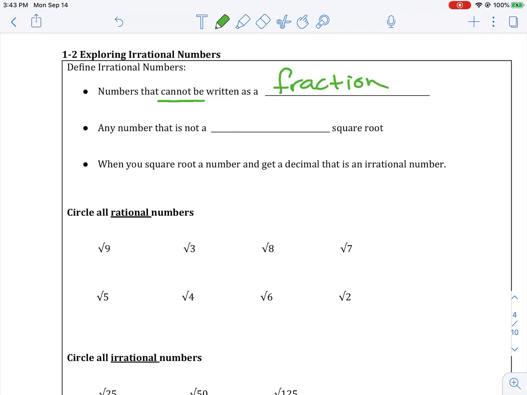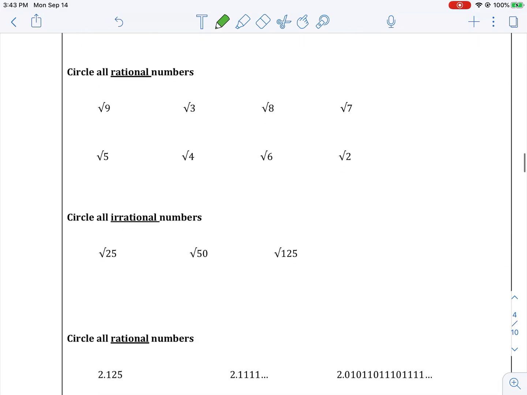Any number that is not a perfect square root is irrational. When you take the square root of a whole number, like the square root of 5, and you get a decimal, look at the decimal and make sure nothing is getting repeated. That will be an irrational number. So let's get into it.